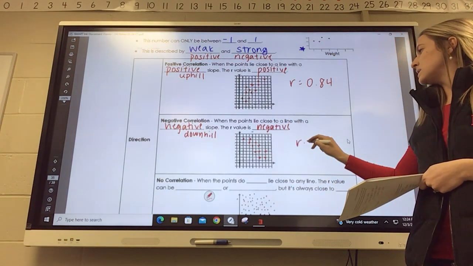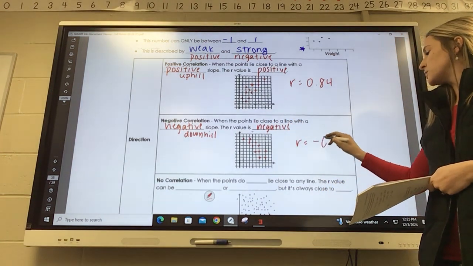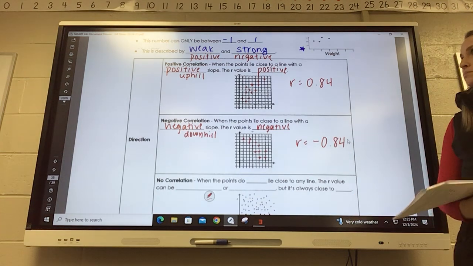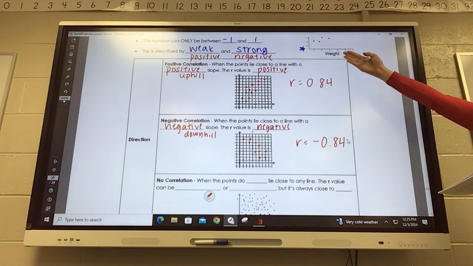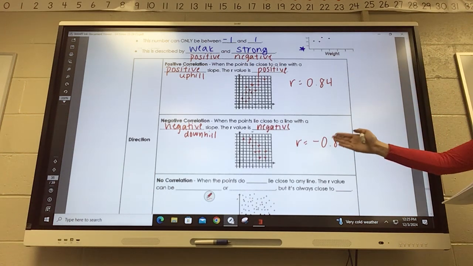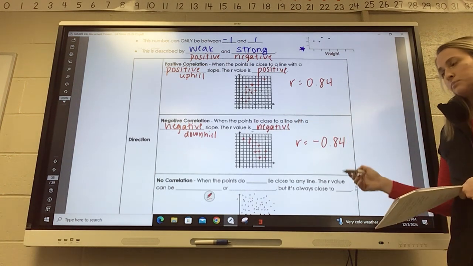So I'm going to pick the exact same r value I had for the last one, I'm just going to throw a negative in front of it. So this guy, positive number, positive relationship. This one, negative number, negative relationship.